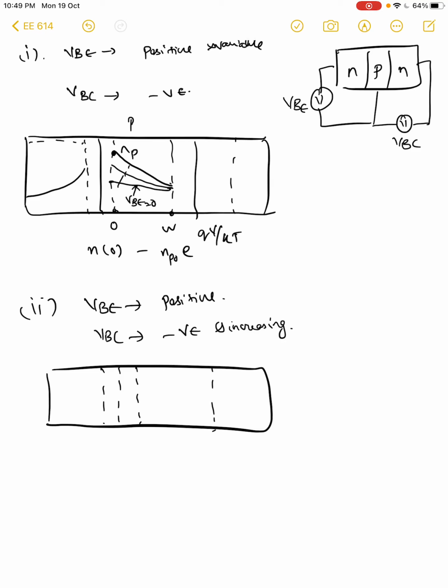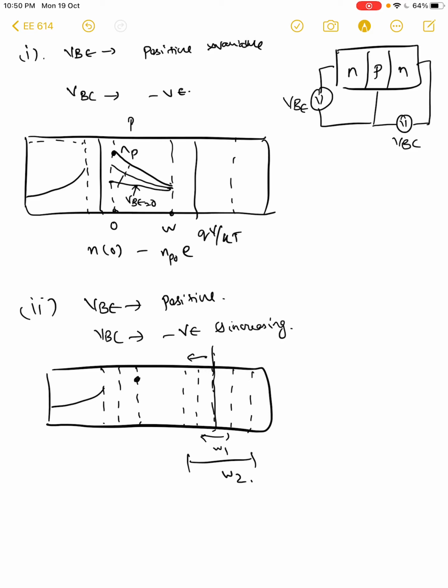As we increase the negative VBC, the depletion width will increase. So this is, let's say, width 1, and this will become width 2. Also remember, the collector junction is more doped, so most of the depletion width falls on the collector side, but the base is also not so heavily doped. So as we increase VBC, we are going to have more and more depletion in the base region. Because VBE is not being changed, we will get some carrier density here. This side is going to be like this.